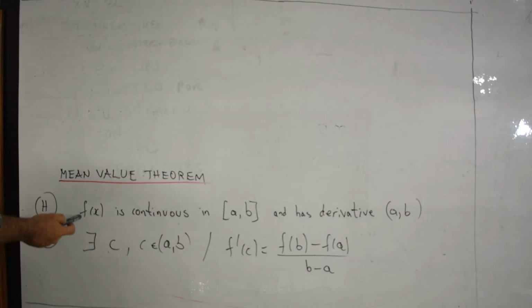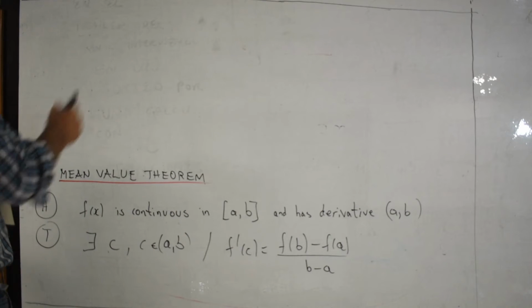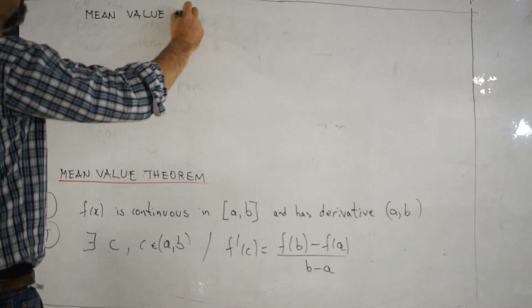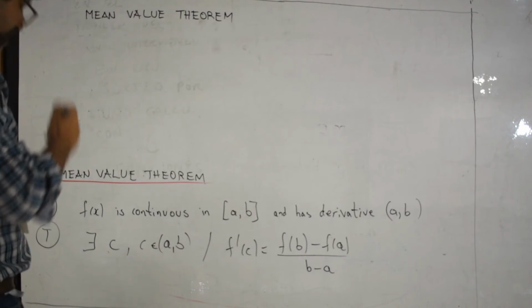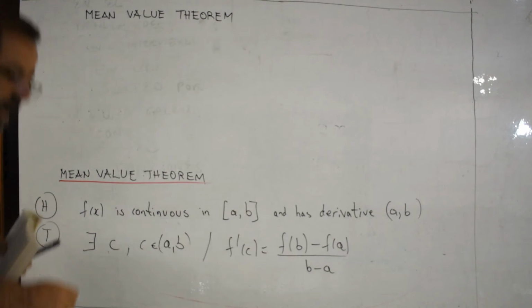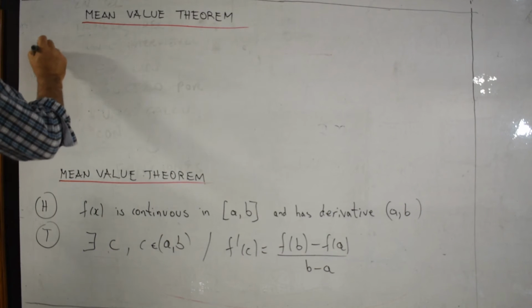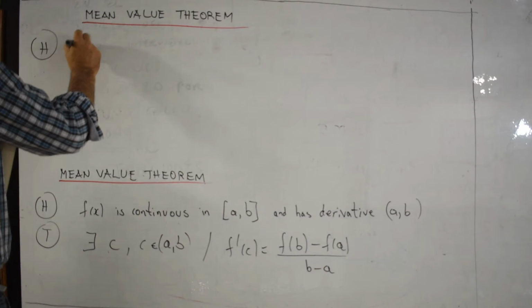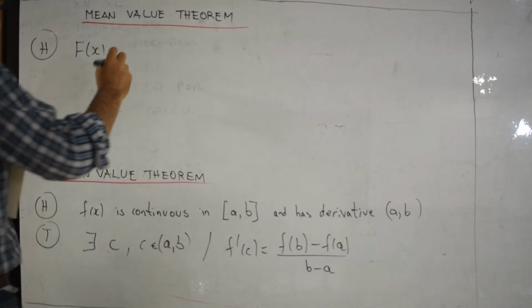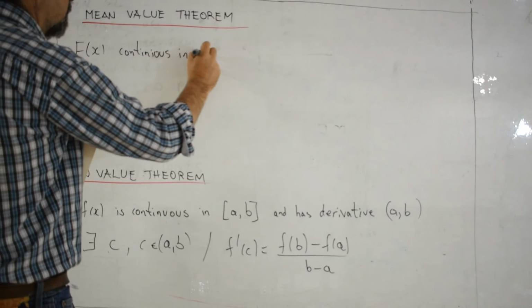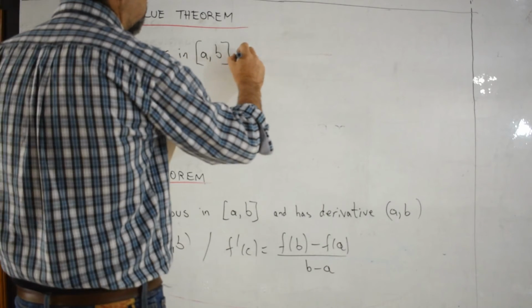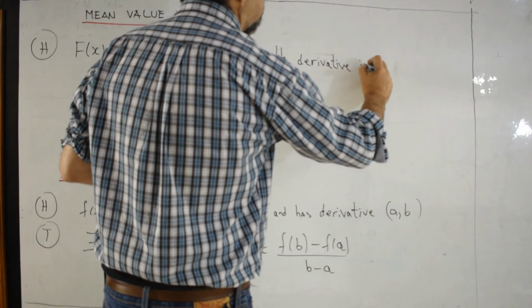Instead of applying it to a small f of x, we apply it to a capital F of x. Hypothesis: we have a capital F of x continuous in [a, b] and with derivative in (a, b).